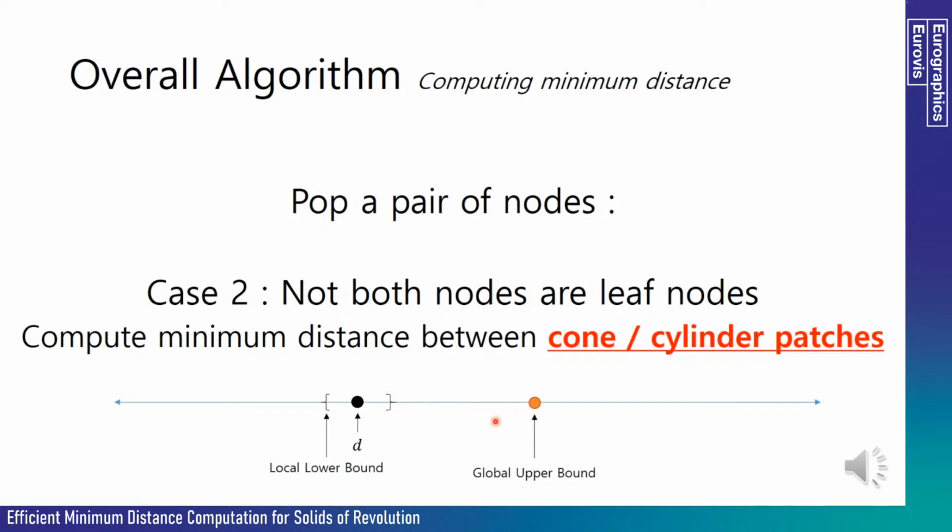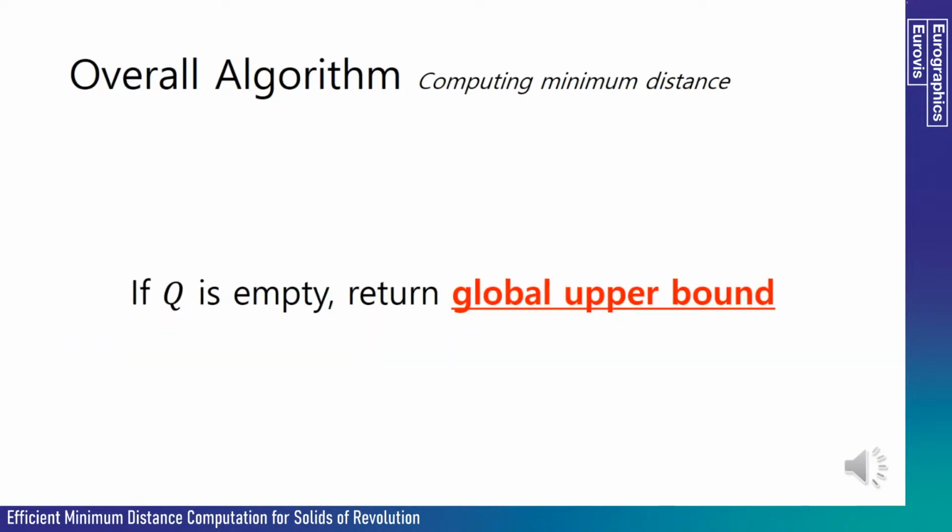Therefore, we push child nodes into the queue. On the contrary, if the current global upper bound is smaller than the local lower bound, there is no chance to have a smaller local upper bound than the current global upper bound in the end. Therefore, we delete the pair of nodes from further consideration. Finally, if the queue is empty, we can just return the global upper bound as the minimum distance. Please see our paper for more details of the algorithm.